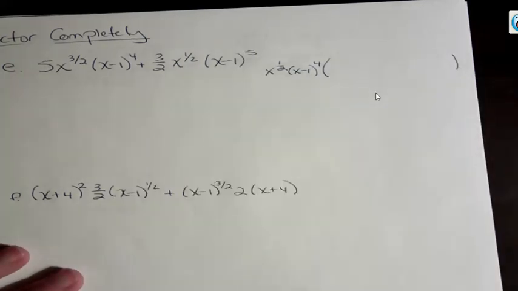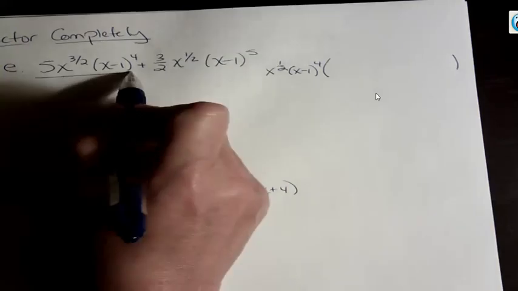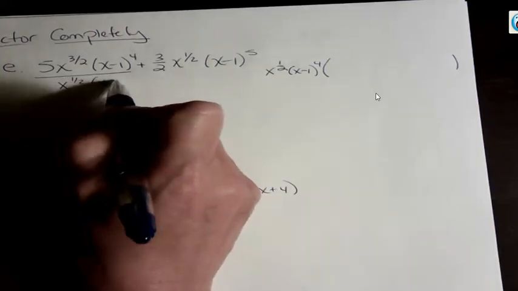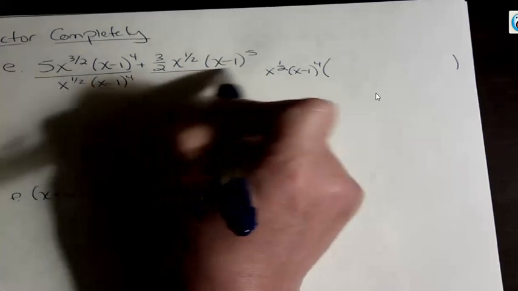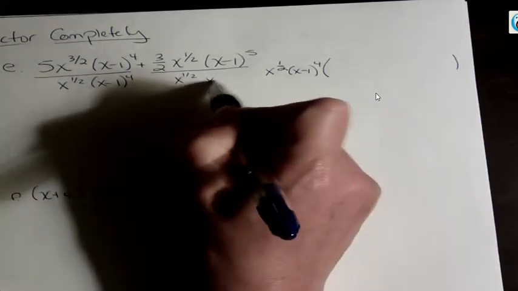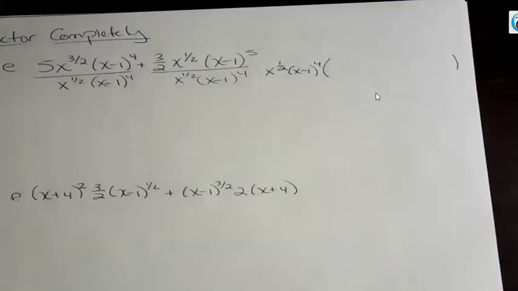Okay, so I'm going to divide this by x to the 1/2, x minus 1 to the 4th, and I'm going to divide this by x to the 1/2, x minus 1 to the 4th. Because when you're factoring something out, you're actually just dividing by that.